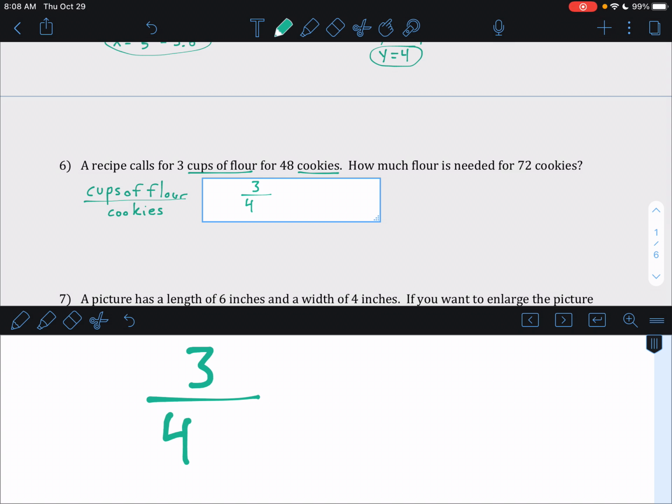So 48 cookies. And it says how much flour is needed for 72 cookies. So let me set this as a proportion. Since it's asking how much flour, and flour is my numerator, this means I'm going to have x in my numerator because I want to solve for this number. I don't know how much flour I need. And 72 cookies, I put the 72 in the denominator.